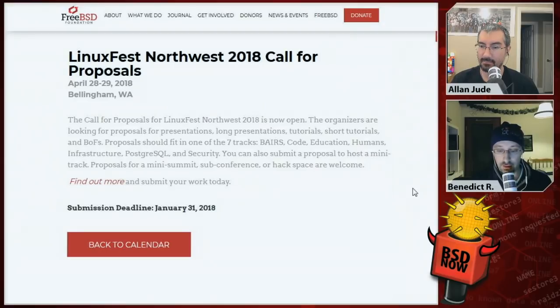They'll have a number of different tracks, including code, education, humans, infrastructure, Postgres, security, etc. While it does say Linux Fest in the name, BSD has been there for quite a few years. I've talked about ZFS and a couple of other BSD things there before. I gave a talk about FreeNAS last year, filling in for Michael Dexter, who unexpectedly had to deal with the birth of his newest child.